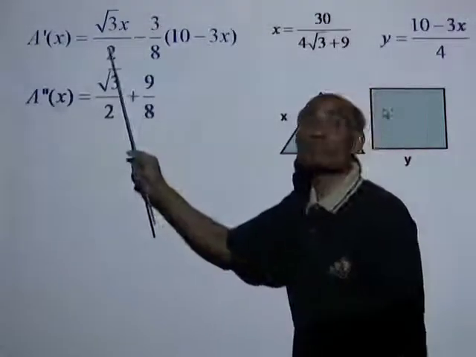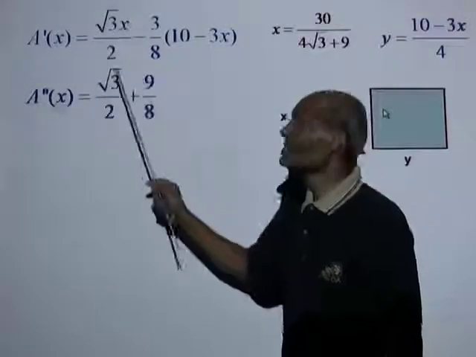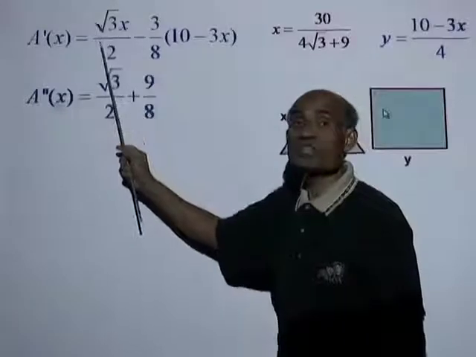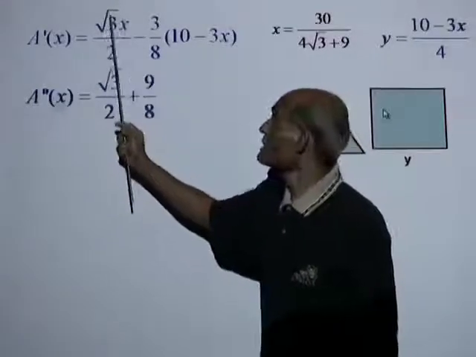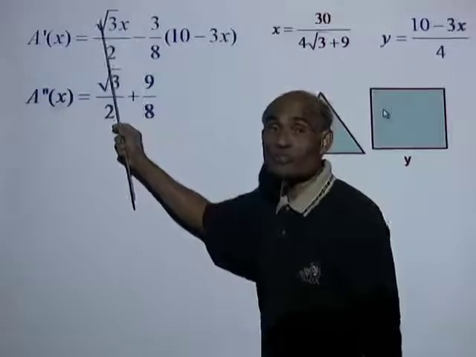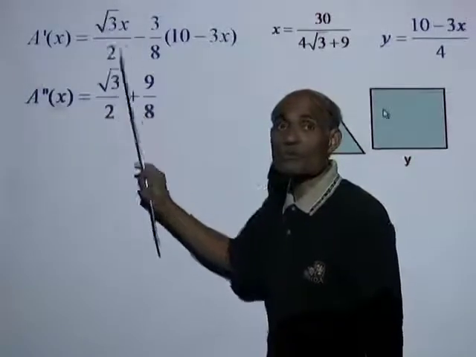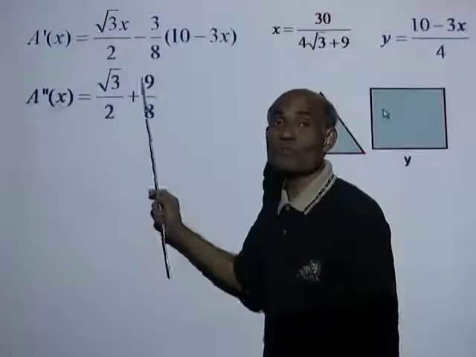This is the first derivative. So the second derivative will be the derivative of that. Find the derivative of each term. The derivative of square root 3 over 2 x. See, this number is square root 3 over 2 times x. The derivative of that will be square root 3 over 2.